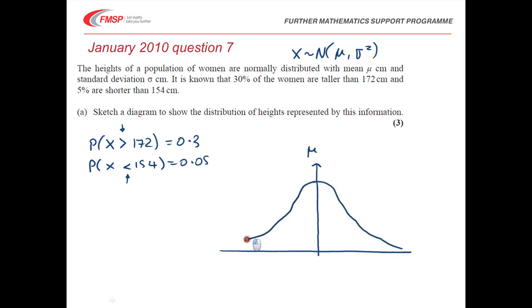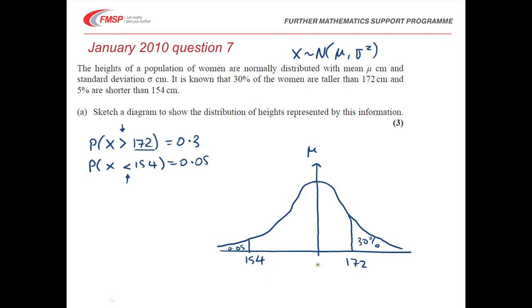It's ensuring now that the probabilities are correct. We're told that 172, which we've got to put on the x-axis somewhere, has a probability above it of 0.3. That tells me it has to be on the right-hand side. So this area here has to be 30%, corresponding to this value of 172. Likewise, we're told that 0.05 is at the bottom, so that has to be my value of 154.